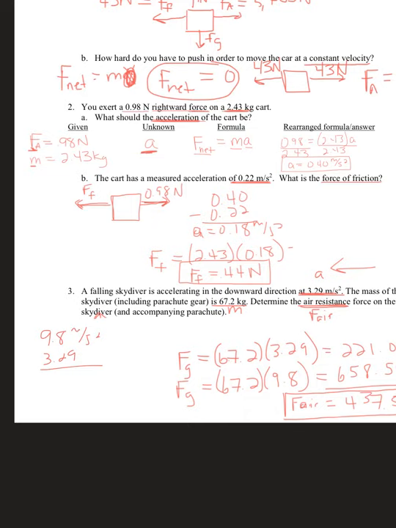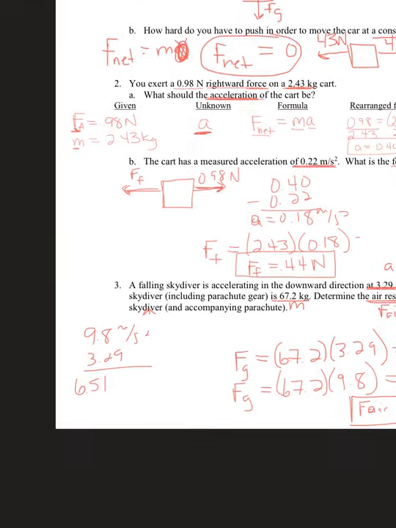It's 9.8 minus 3.29, 6.51 meters per second squared. All right, and that's my acceleration. So that's the difference in acceleration.